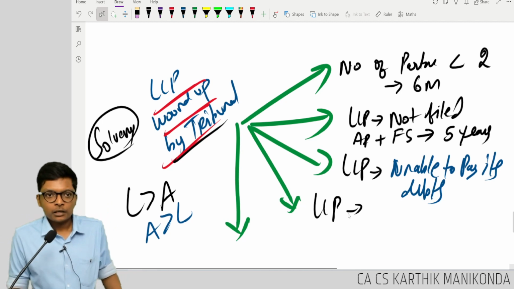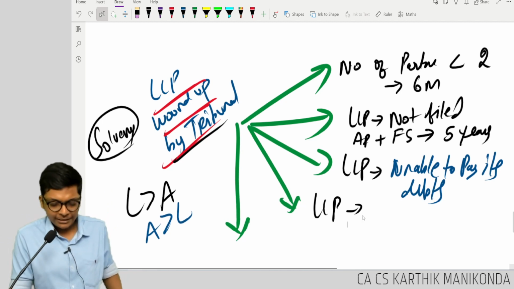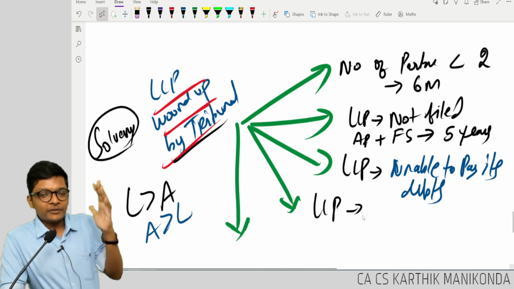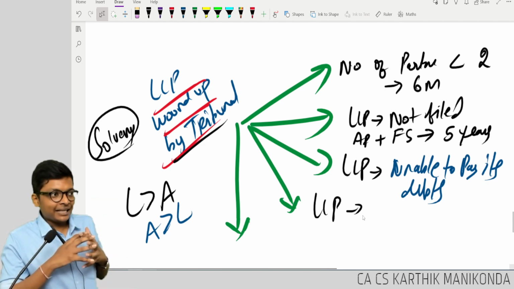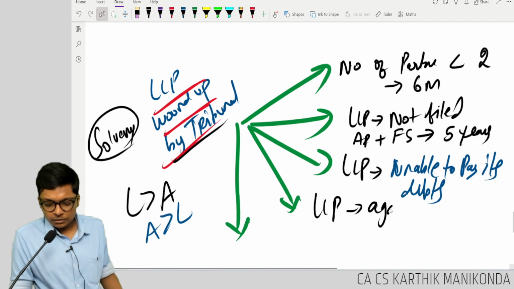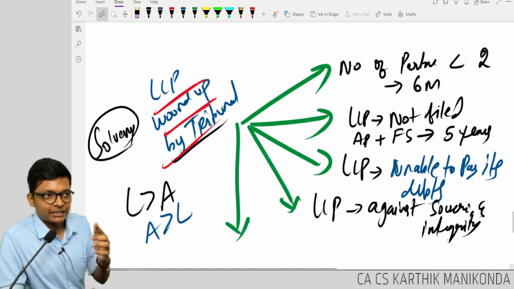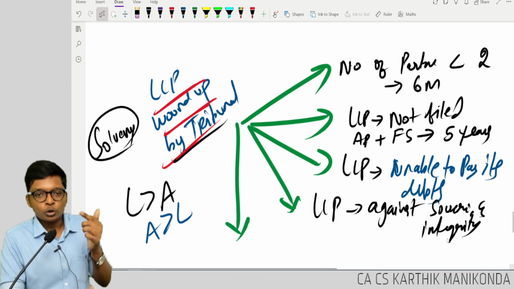Next, let's say why you started LLP. I want to bomb India. You are starting an LLP which is against the sovereignty and integrity of India or against public interest. LLP will be asked to wind up.